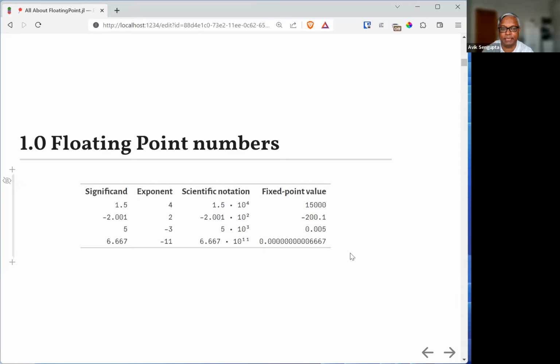So instead of writing so many decimal places, we will just write a number between 0 and 10 and then multiply it with an exponent. And so this scientific notation is, of course, decimal, in that it is powers of 10, right? So we write the number, both the significant and the exponent, as powers of 10.